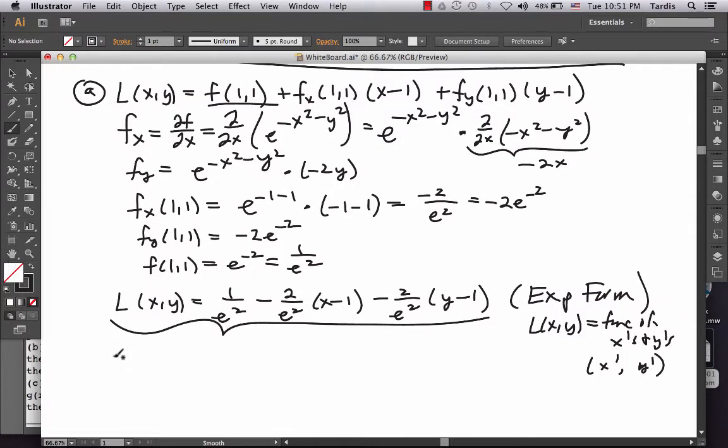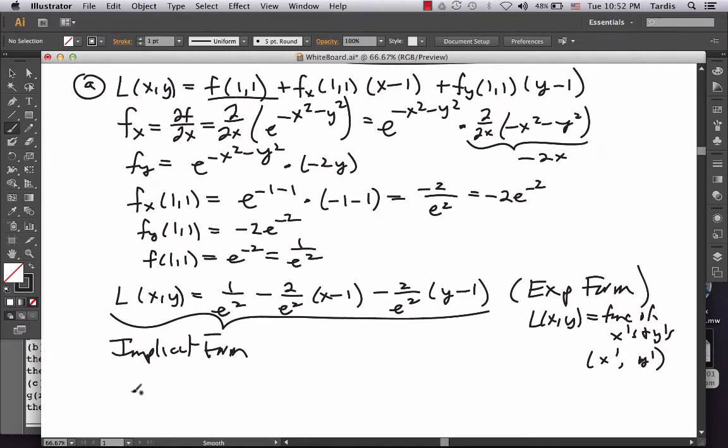Okay, if you wanted to write down the implicit form, it would be negative f sub x evaluated at 1, 1 times x minus 1, minus the partial derivative of f with respect to y evaluated at 1, 1, y minus 1, plus 1 times z minus the function evaluated at 1, 1.